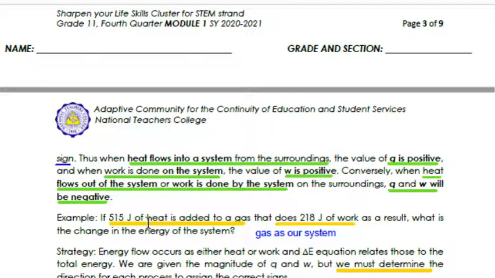It is mentioned in the problem that heat is added to a gas. Therefore, heat is added to the system. And then, thus, 218 joules of work. The work is done by the system.